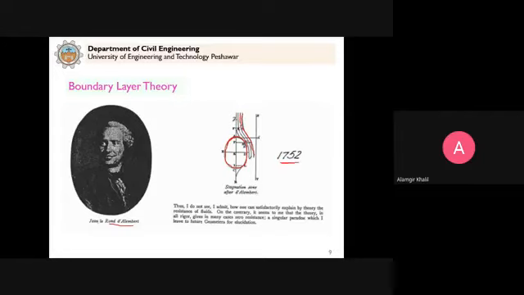When you apply the theory and do not consider friction, how will you be able to calculate the force acting on this body? Because we already know that when you move through the fluid, resistive forces will be acting. We apply the mathematics and consider the fluid to be ideal. So then how do we calculate the resistive forces? This was the question at that time.